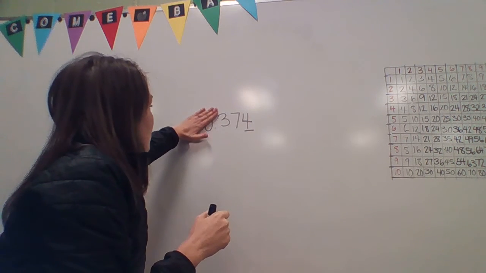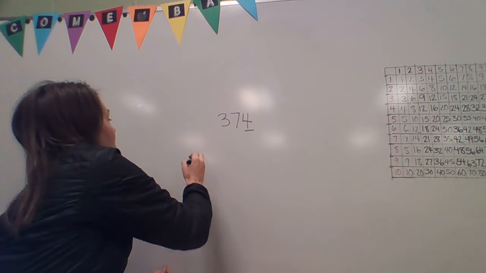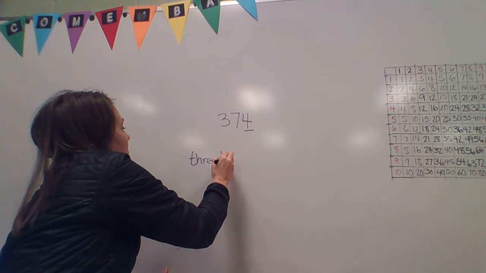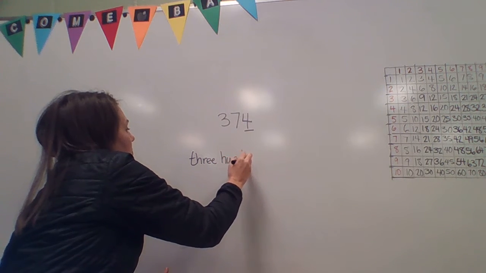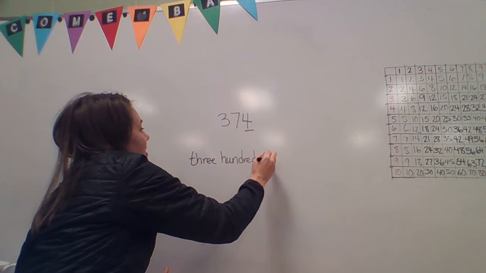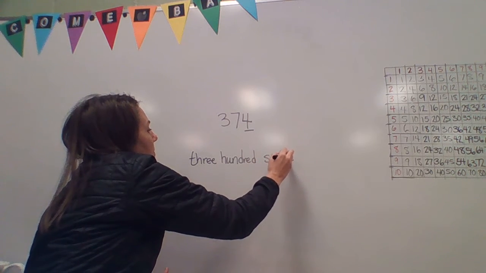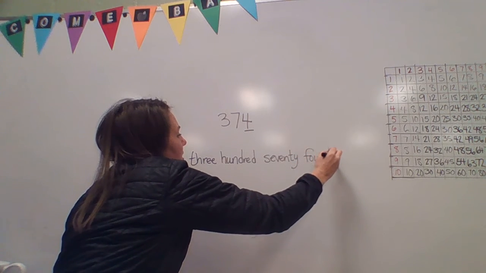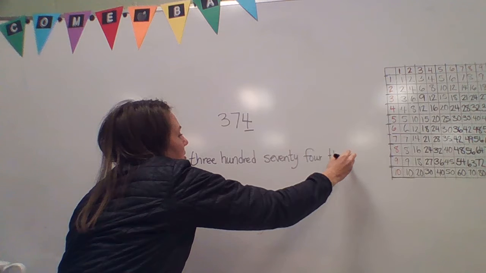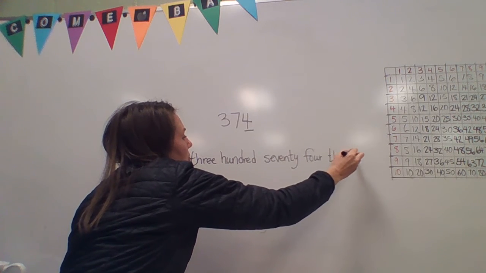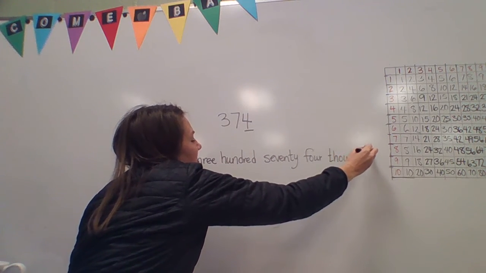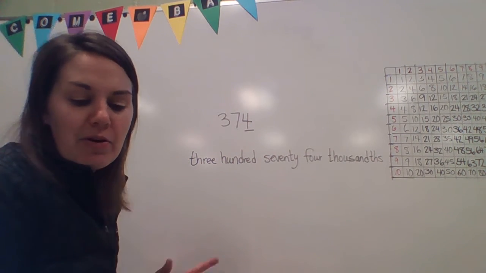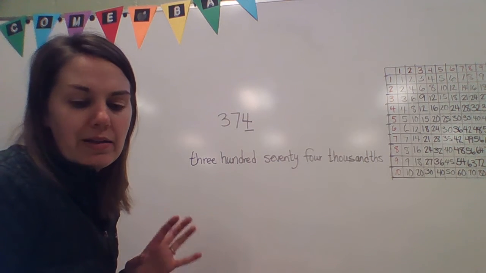So then I'm going to ignore the rest of it and say I have 374 thousandths. Okay, 374 thousandths is how we would write that answer.